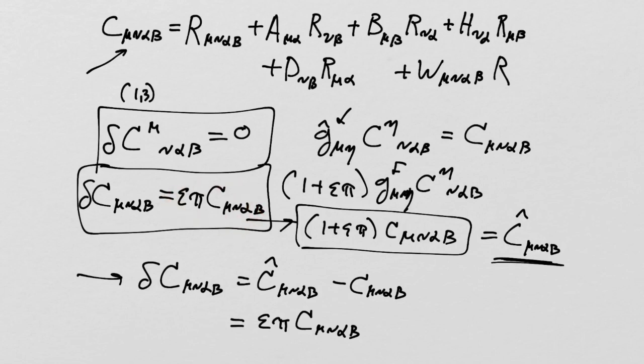That's how this is going to work. So we're calculating now the variation of the 0,4 form, and we expect it to equal epsilon pi times C mu nu alpha beta, right? That is our assignment. That is our goal here.